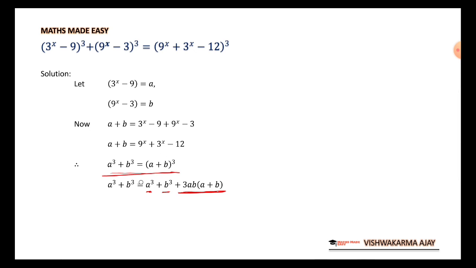So a cube and a cube cancel each other, b cube and b cube cancel each other. What we are left with is 0 equal to 3 times ab times (a plus b), so a times b times (a plus b) is equal to 0.